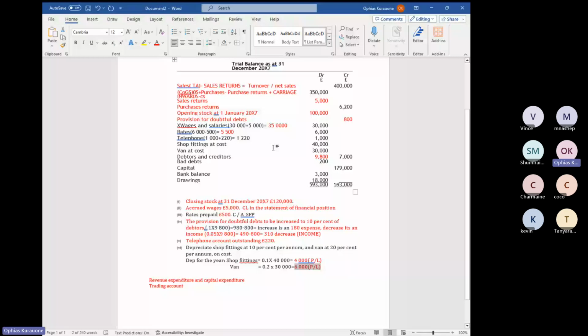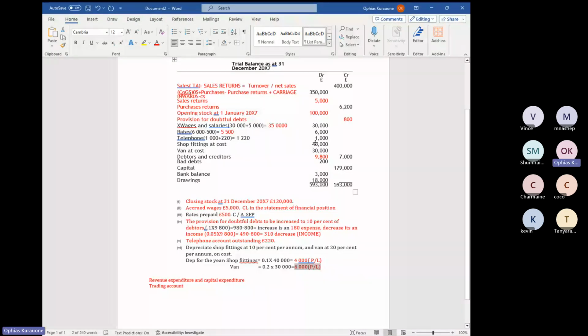Some students will write 40,000 as an expense. We don't write the value or the cost of an asset as an expense in our profit and loss account. We only cater for depreciation for the year.